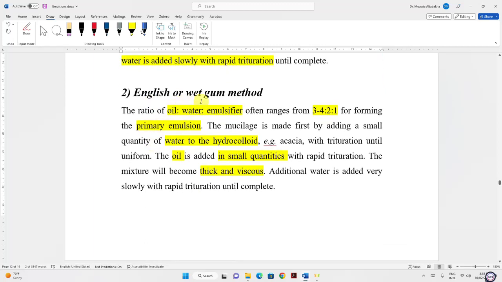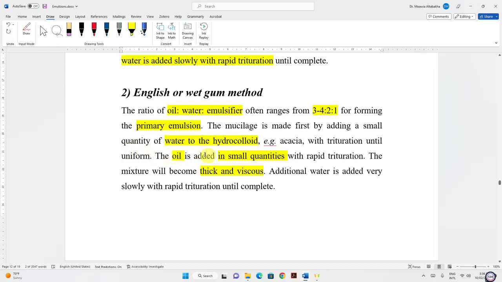In the English or wet gum method, the ratio for the primary emulsion is similar, 4 to 2 to 1. But as I said, first you add the water to the colloid solid, the acacia, and then you triturate. Here you don't have to do it for a short time. No, you triturate. Okay.